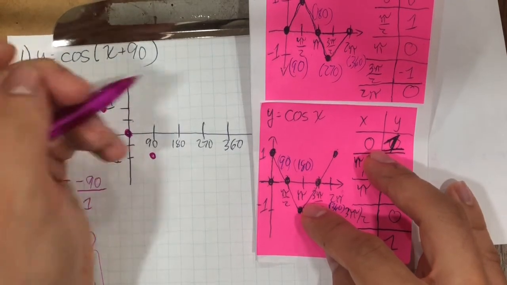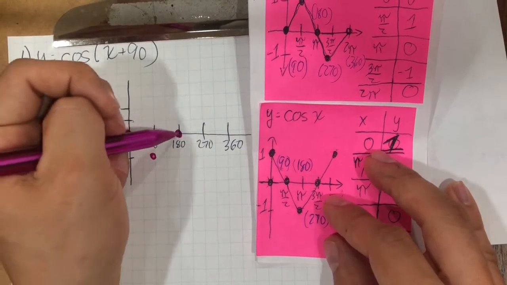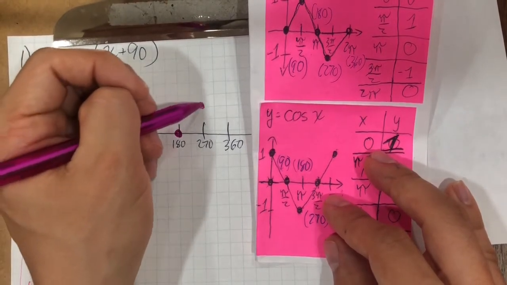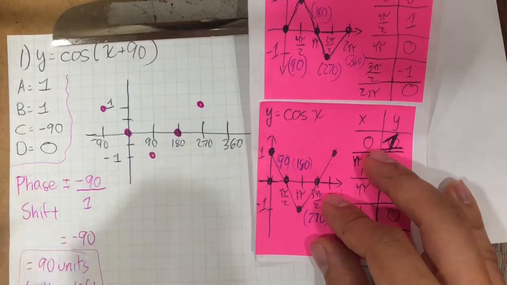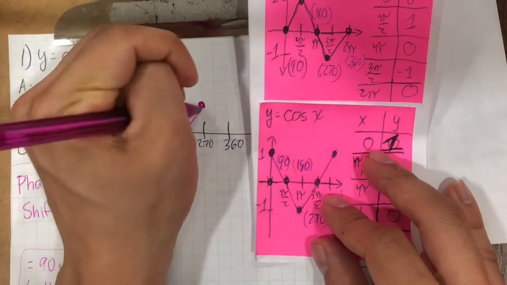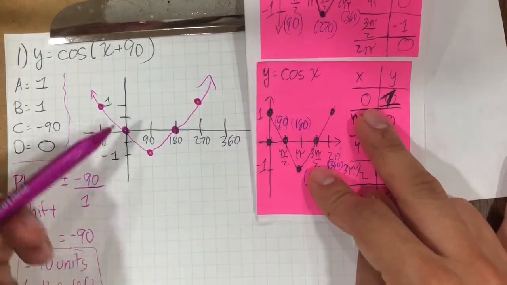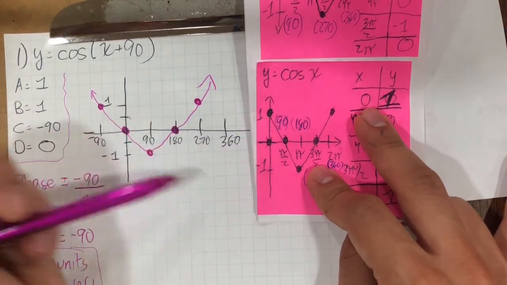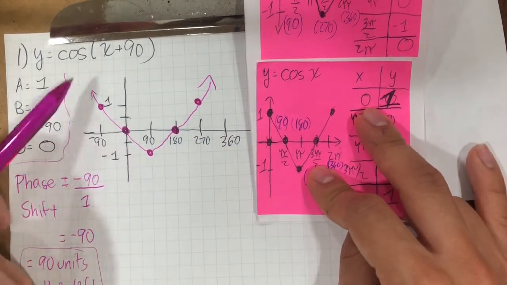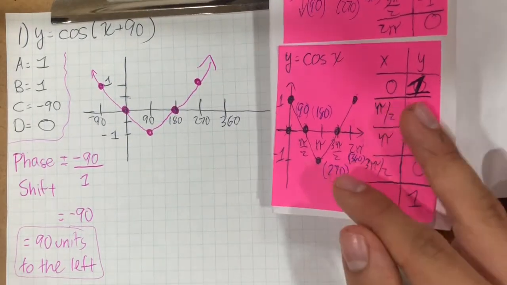Then it's going to be (180, 0). Then (270, 1). Then we connect those points. If we compare the original graph to the new graph, we see that each point moved 90 units to the left. Really nothing to it.